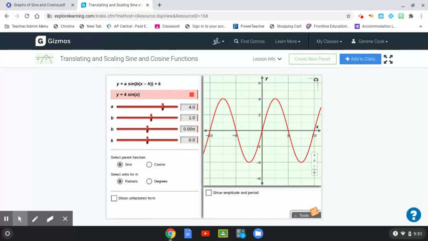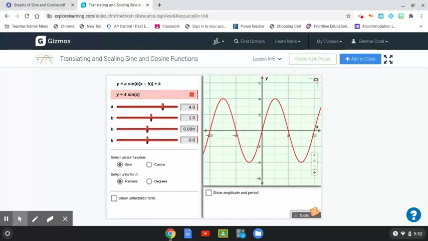So hopefully you notice that instead of the graph going from -1 to 1, the graph now goes from -4 to 4. So a affects the range. The domain is all real numbers, so it's not going to affect the domain. But a will affect the range.